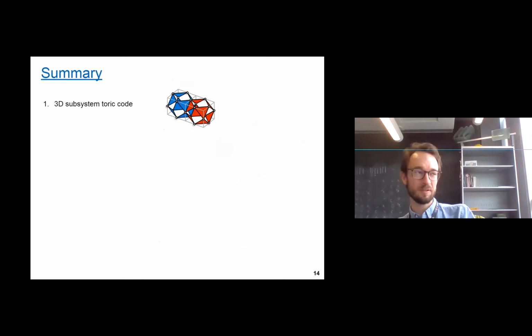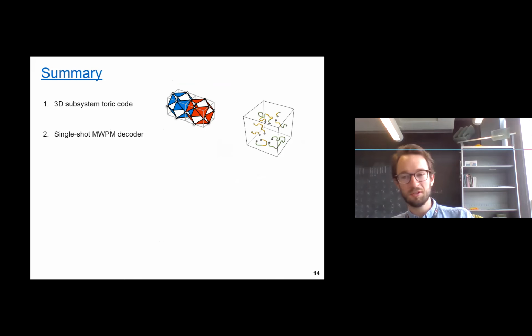I'm very happy to talk about this stuff. So just to summarize, I've showed you this model of the 3D subsystem toric code, trying to persuade you that it's simpler to understand than the gauge color code, for example, and I've explained how this single shot decoding works, where you can decode in the presence of measurement errors in constant time.